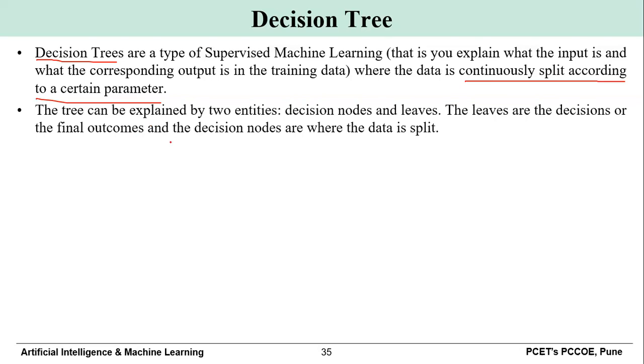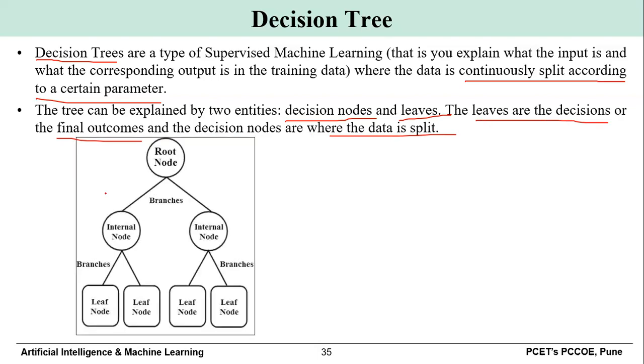So here when we talk about decision tree, two important entities are there. One is decision nodes and the other is leaves. Leaves are the decisions or final outcomes, and the decision nodes are where the data is split. For example, you can see the first node is denoted in a circle.